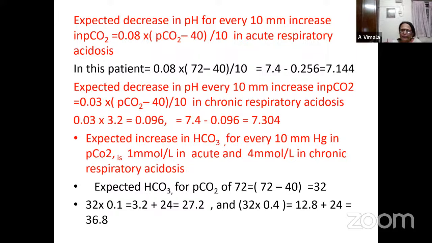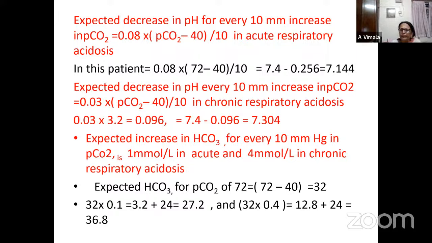The expected change is 0.08 into 32 by 10, giving a value of 7.144. So we should understand in acute respiratory acidosis, when the PCO2 rises to 72, the pH should drop to 7.144. We should remember here the pH was only 7.29.